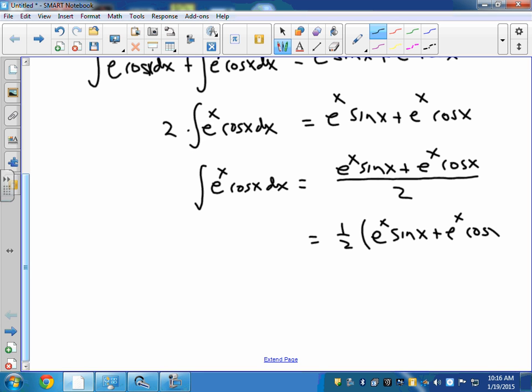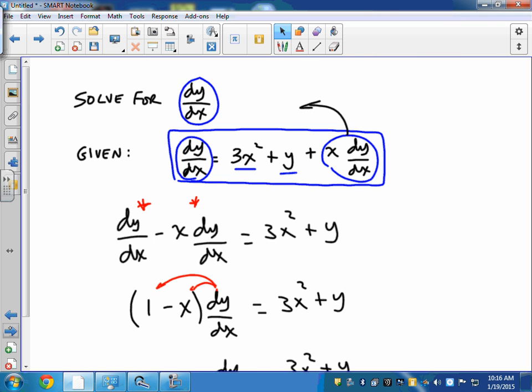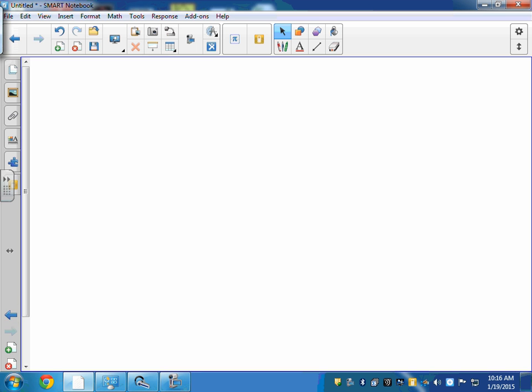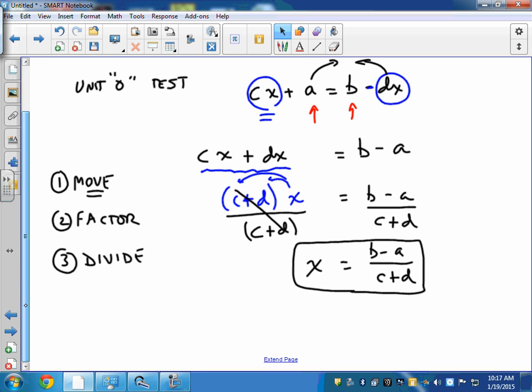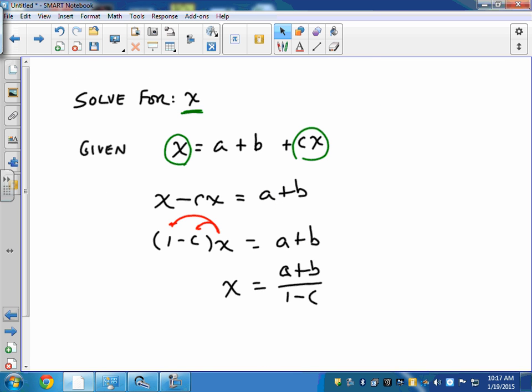Okay, so this course is obviously not dealing with calculus, but it is dealing with algebra and being able to solve linear equations. So if we go all the way back to what we had to begin with, here was the linear equation that you had on your Unit 1 test. You know how to solve it by moving, factoring, dividing. This was a similar type of problem, right?